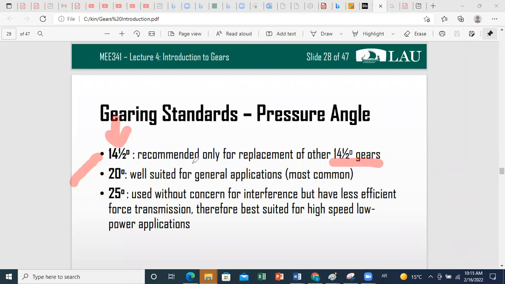But when we have any general application and want to design gears to be used, the most used angle is 20 degrees. Now, a pressure angle of 25 degrees will be used without concern for interference. Now we'll define in a while what interference is and how we can avoid it. So one of the possibilities to avoid interference is to increase the pressure angle.